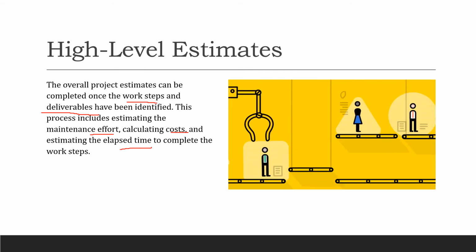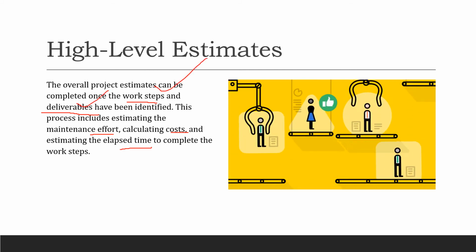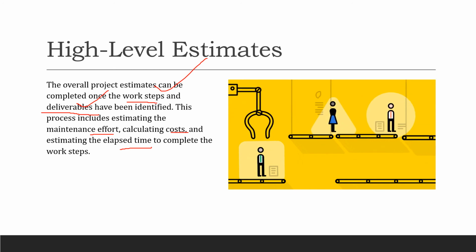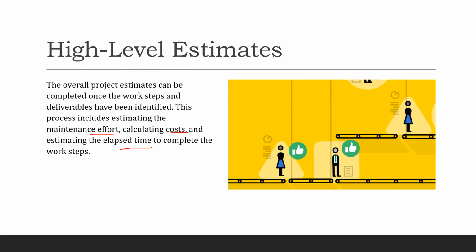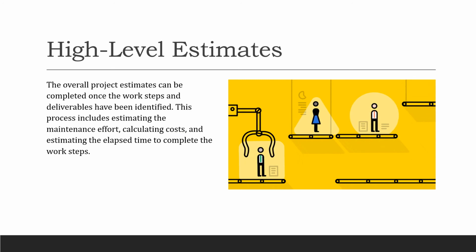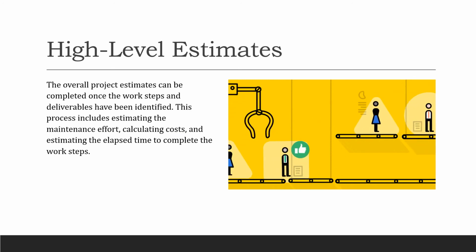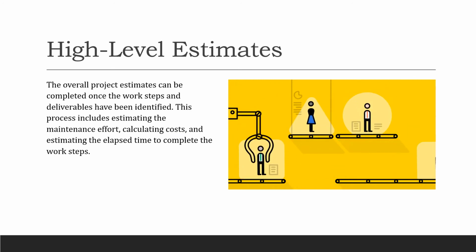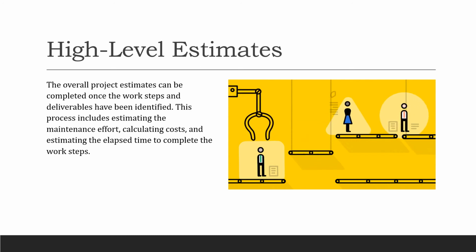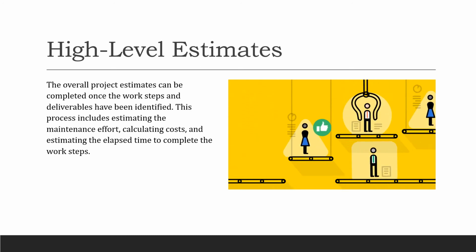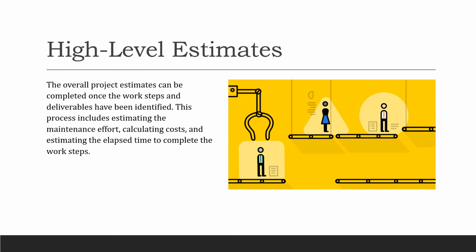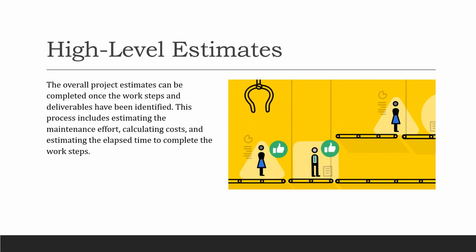So you've got to know your work steps, and you have to know your deliverables when you're dealing with high-level estimates. And they include estimating the effort, cost, and then elapsed time in order to complete the work steps.